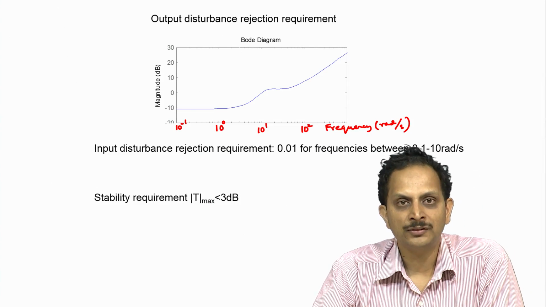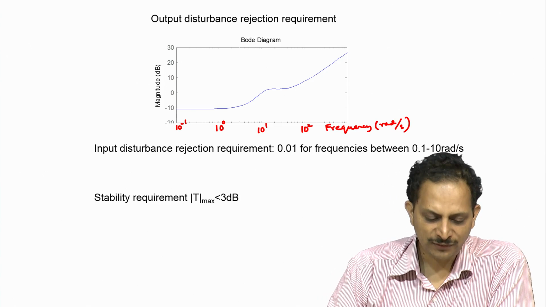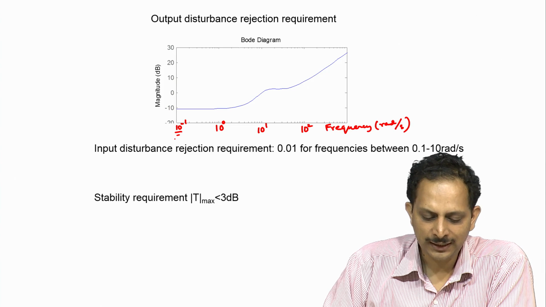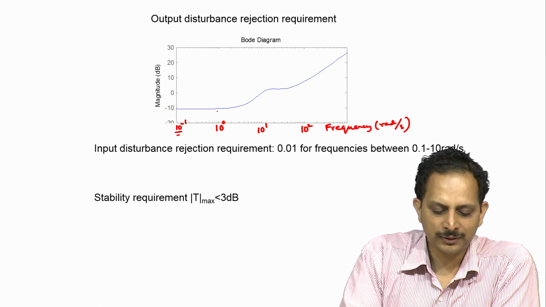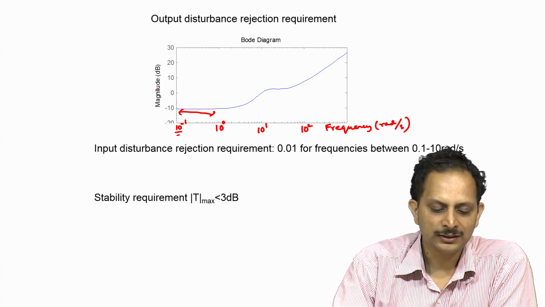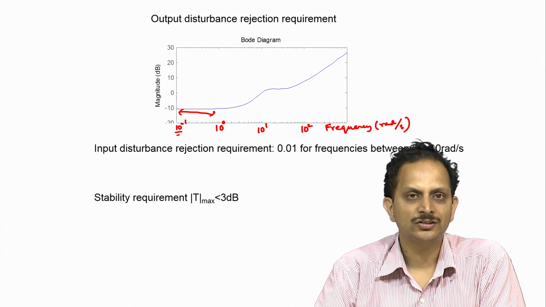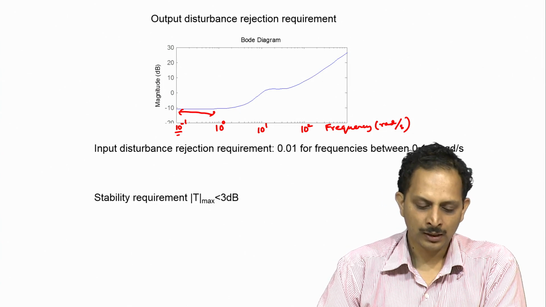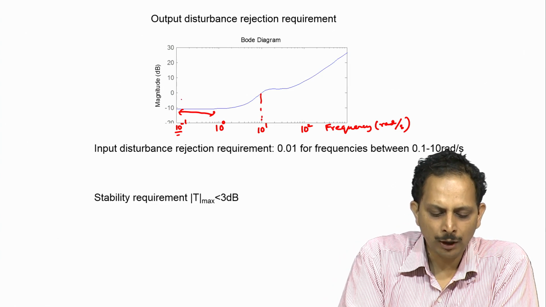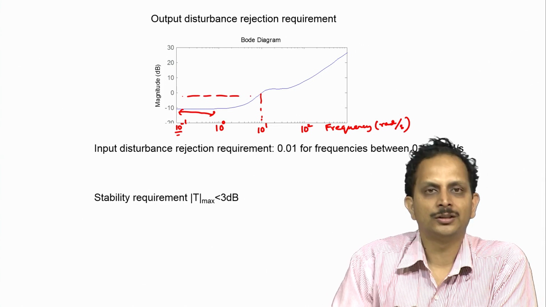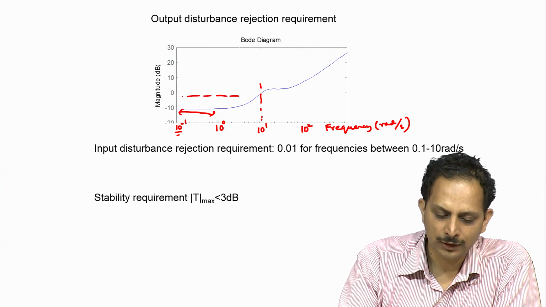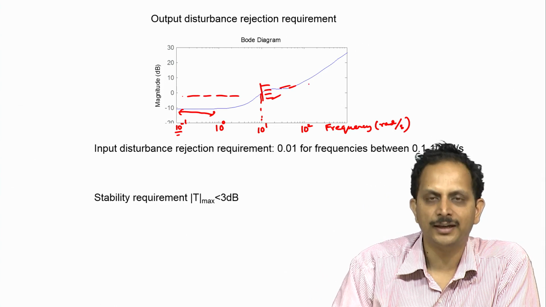As far as output disturbance rejection is concerned, the specification is that between 0.1 radian per second and 1 radian per second, or in other words in this particular frequency region, we want the magnitude of the output disturbance to be suppressed by minus 10 decibels, and at 10 radian per second we want its magnitude to be suppressed by 50%, and we do not care about the performance as far as output disturbance is concerned beyond 10 radians per second.